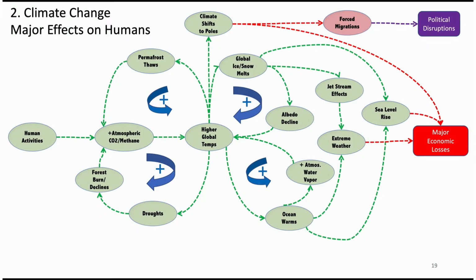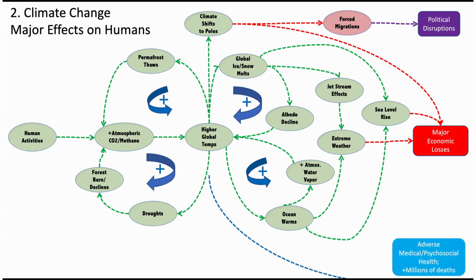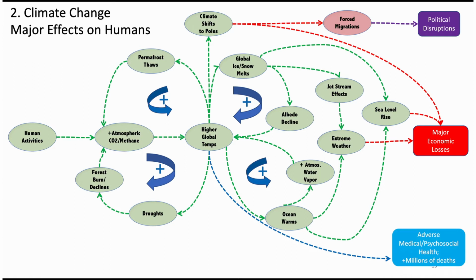Now, a third kind of major impact of climate change is on the health of humans, both physical and mental. To begin with, high temperatures in themselves and in their long durations can weaken people or even kill them. So can extreme weather and droughts.